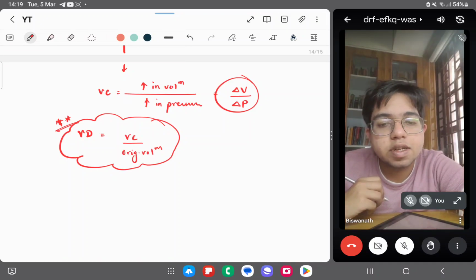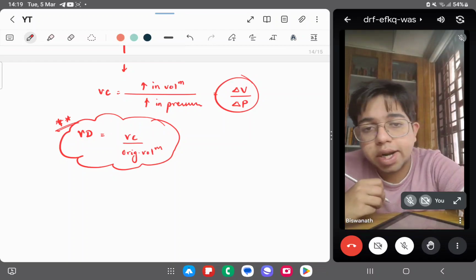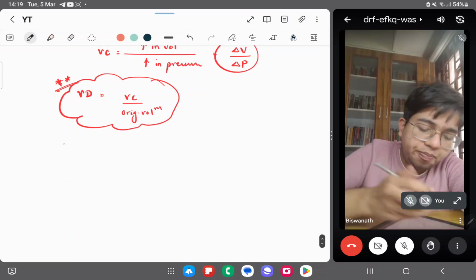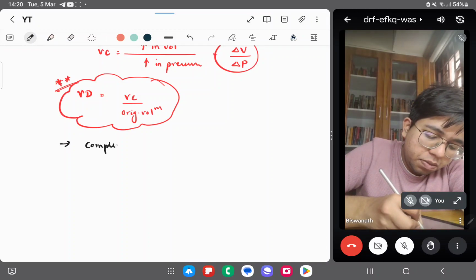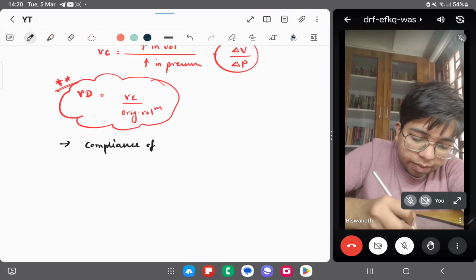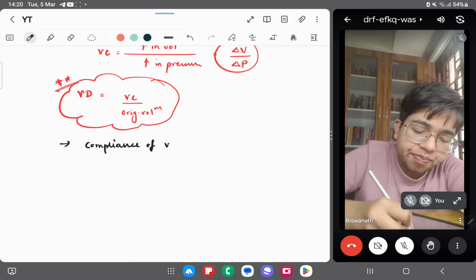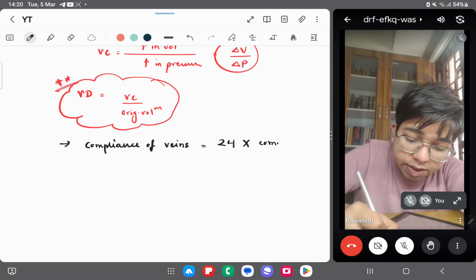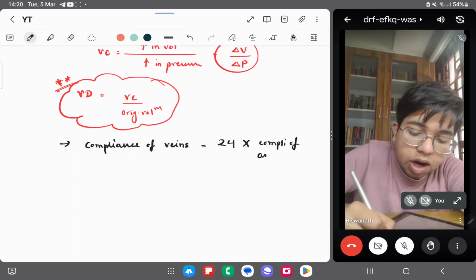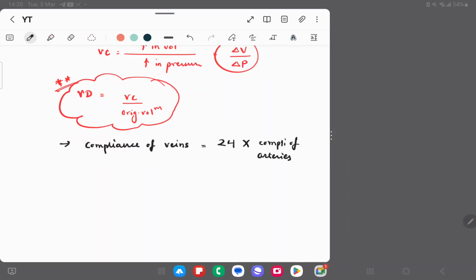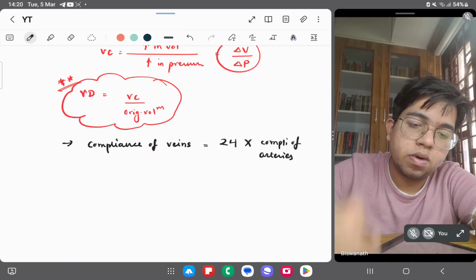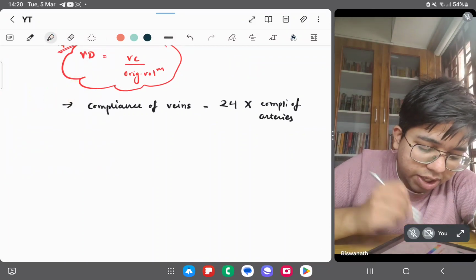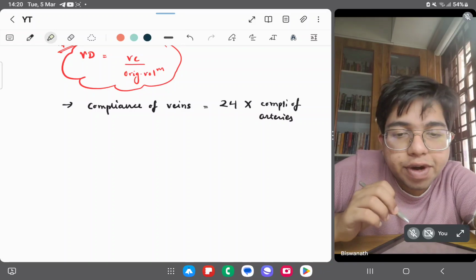Of course, it is not as important as the earlier topics. Just a fact: the vascular compliance of veins is 24 times the compliance of arteries.